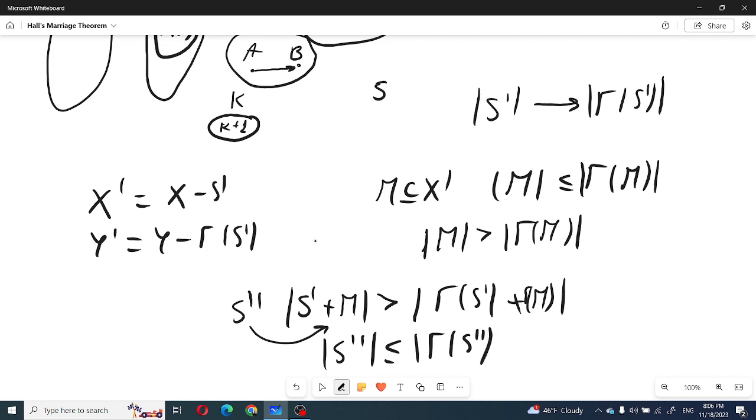And this is against our condition, because we have shown that S prime plus M has greater size than G of S prime plus G of M.